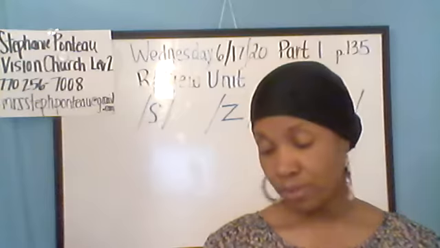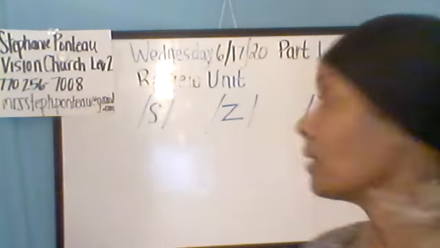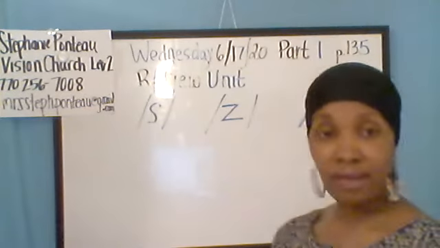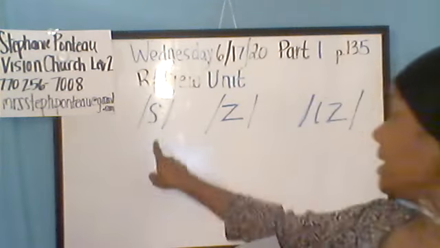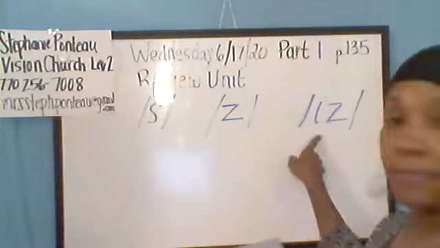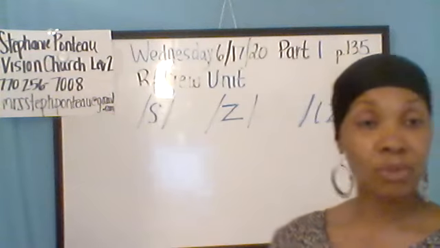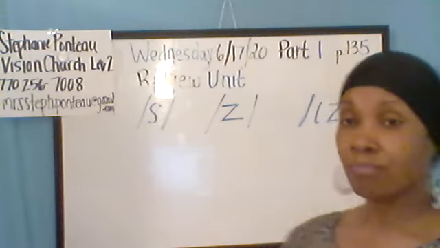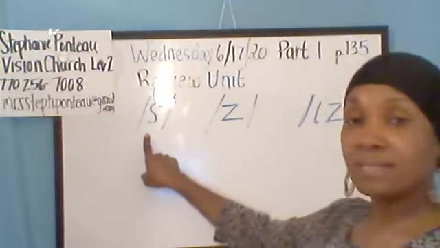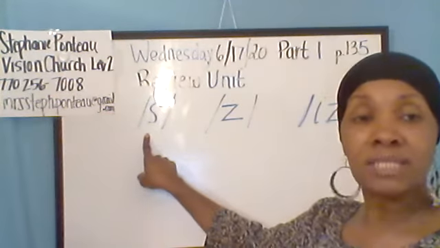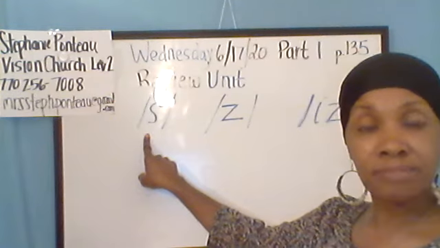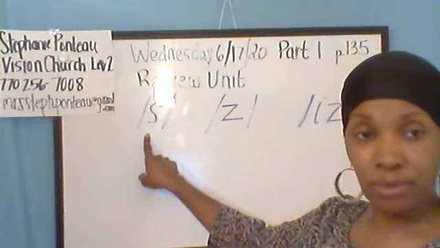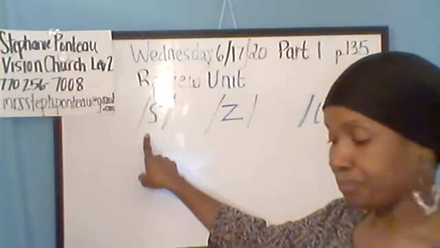So before we open the book to page 135, I've got 3 ending sounds up here on the board, and that's what we're going to review today. This first ending sound is like a sustained S sound. There are words that end with that sound.